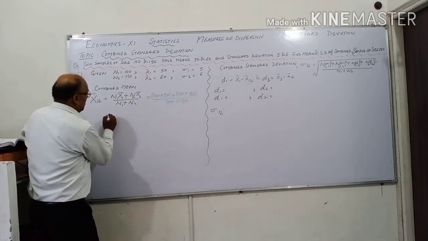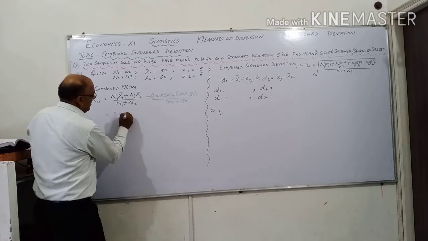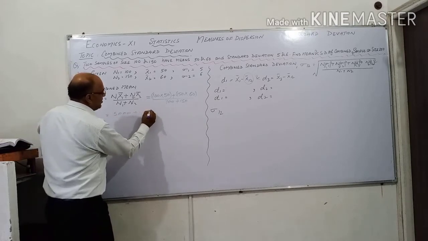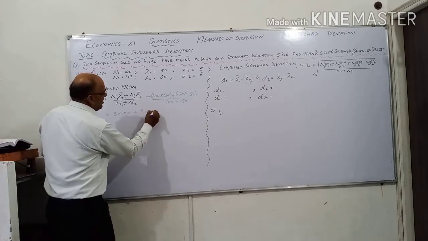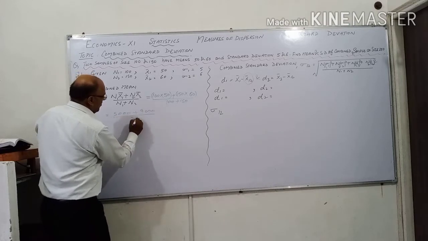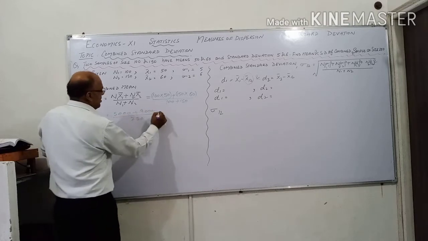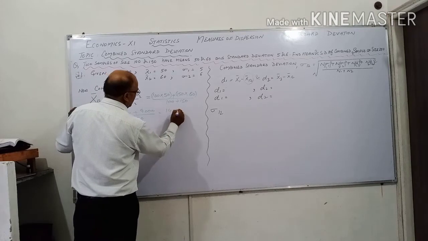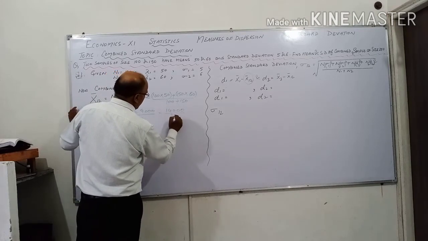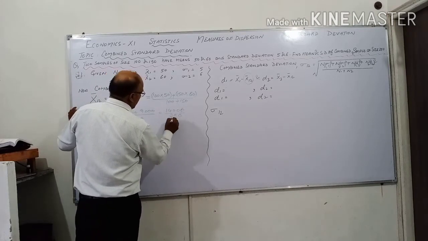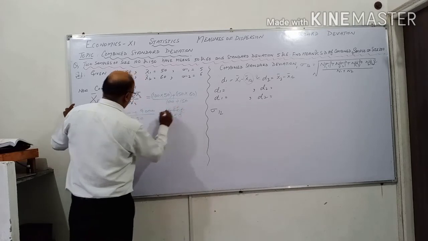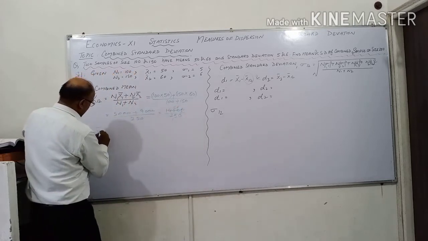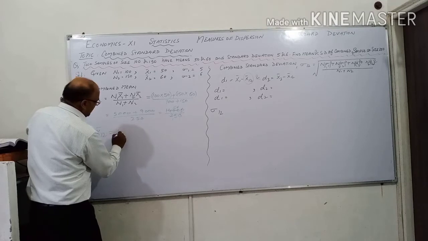When we solve this, 5000 plus 9000 over 250, that is 14,000 over 250. When we do the cancellation, we get the combined mean as 56.